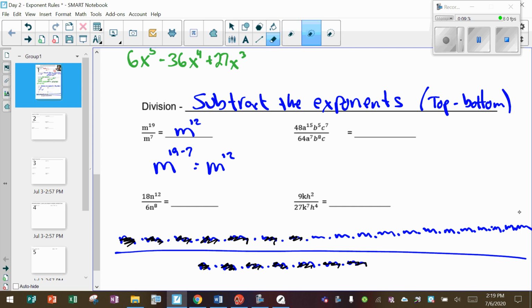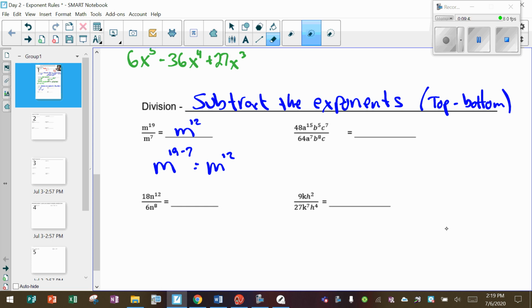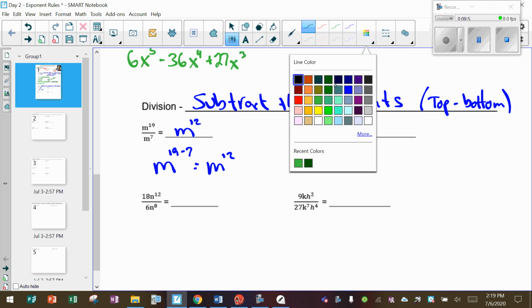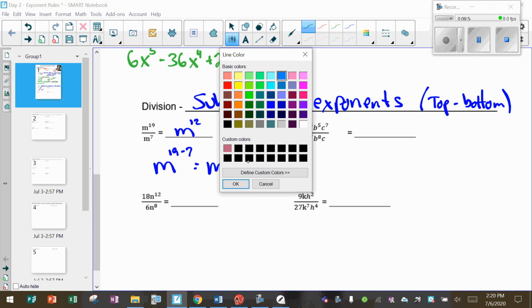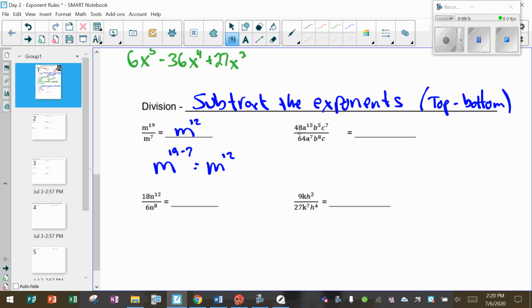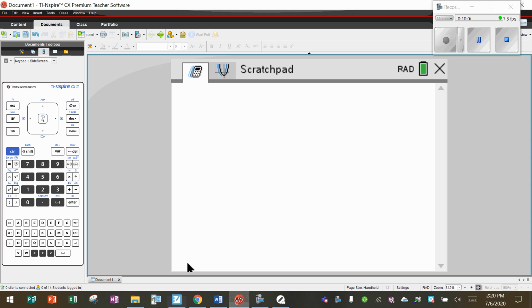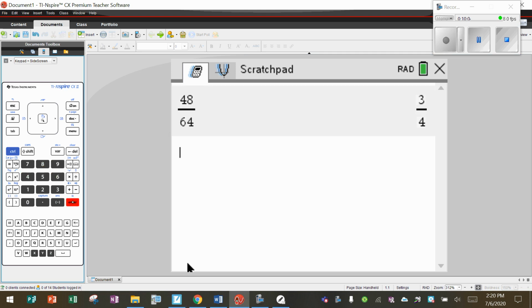All right. So next, if we look at our next example, this time we have numbers involved. What we're going to do is go to the calculator and let the calculator deal with the coefficients for us. And then what I'm going to do is subtract the exponents on the variables. So I have 48 in the numerator, 64 in the denominator. I'm going to go over to my calculator and do 48 divided by 64 and hit enter.